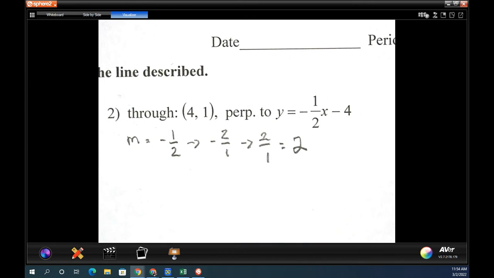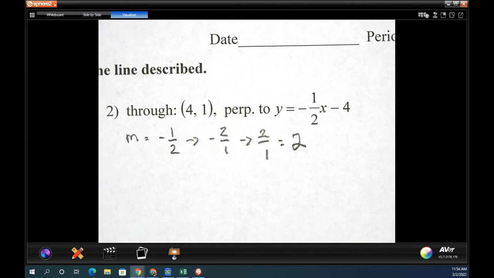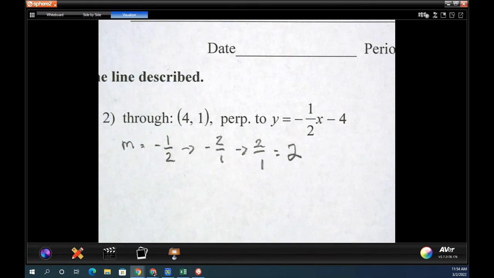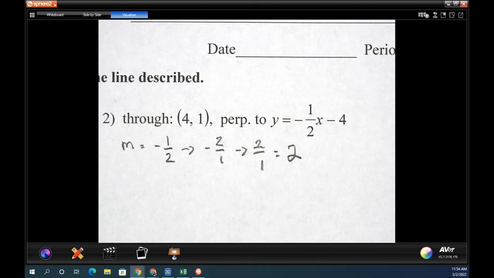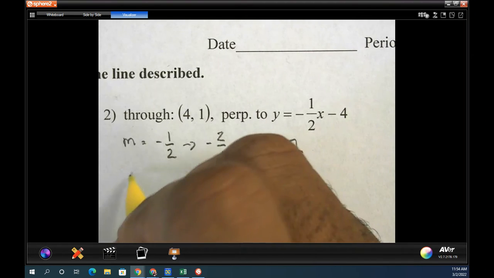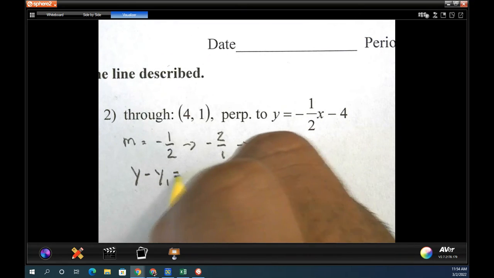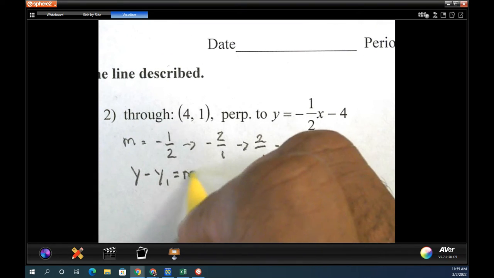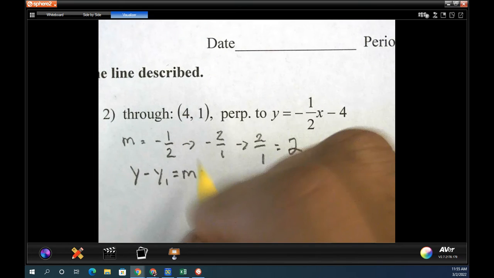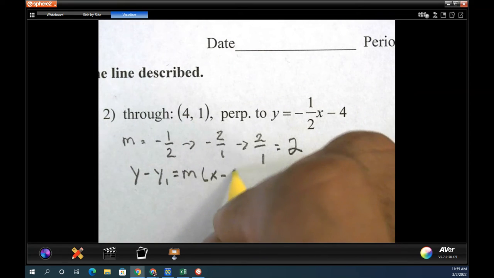There's our new slope. Then we use the what next? What do we use next to find the equation? What's it called? Point slope formula. Y minus y sub 1 is equal to m times x minus x sub 1.